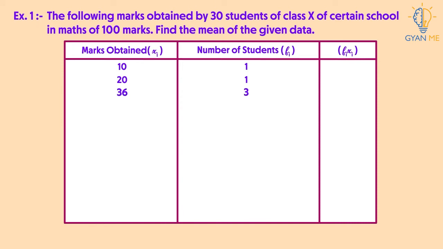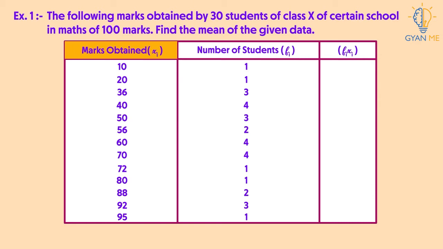Students, you have already learned how to make a frequency distribution table in your lower classes. Now to find the mean from the discrete frequency distribution table, we require the product of each observation xi and its respective frequency fi. This product is denoted as fixi.